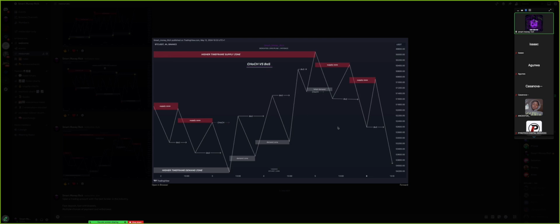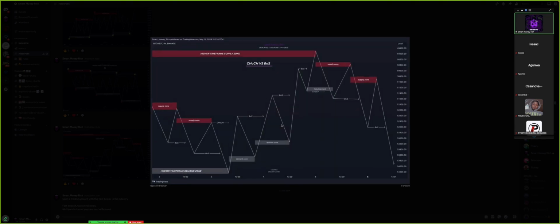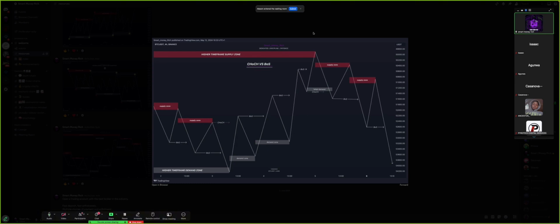A break of structure is commonly seen everywhere in the market, because the market is always in constant motion of creating new highs and new lows, and this forms a market trend. The market gives you a high, a low, a lower high, followed by a lower low. This is how the market trends.